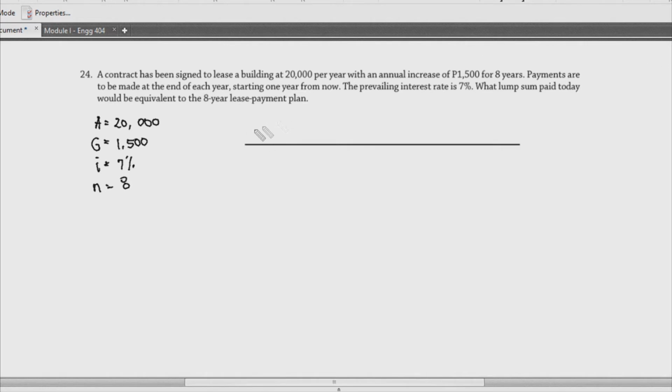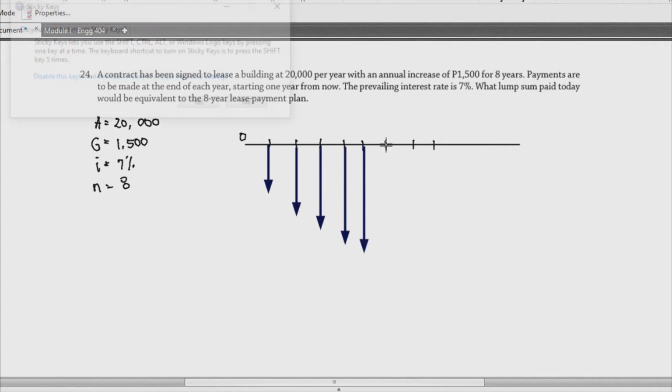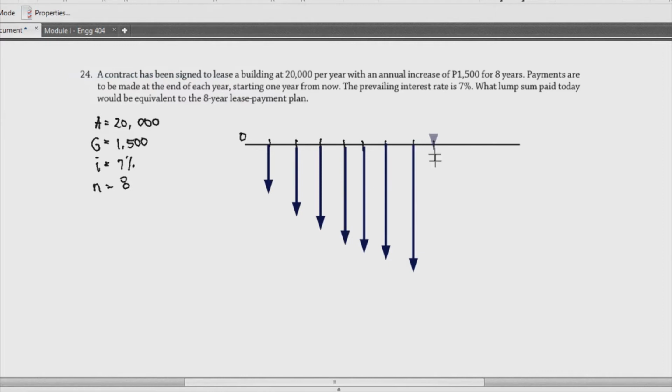If we have 0 here and then 1, 2, 3, 4, 5, 6, 7, 8, you can just draw some arrows going downward, and then the length keeps increasing. But basically, they should be equally spaced.